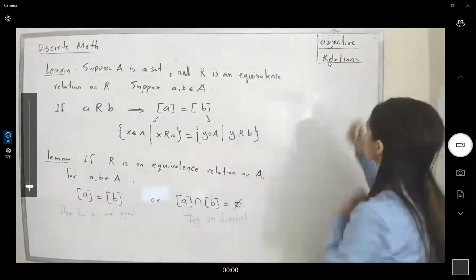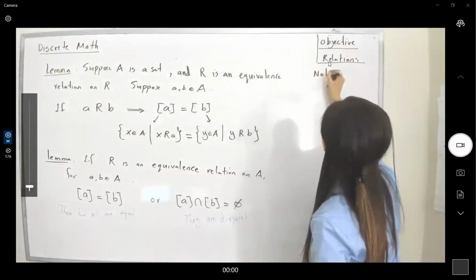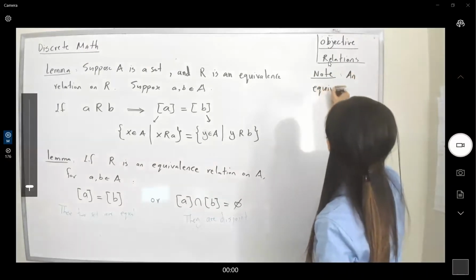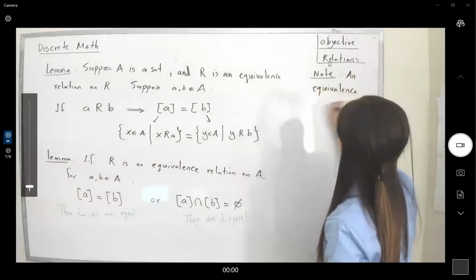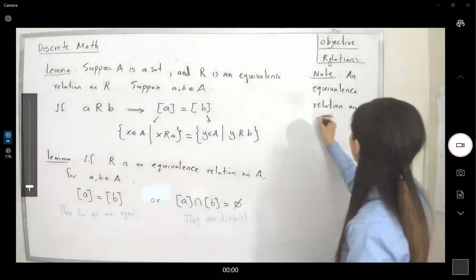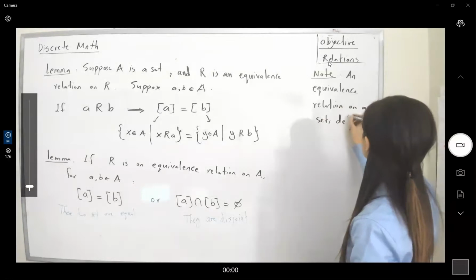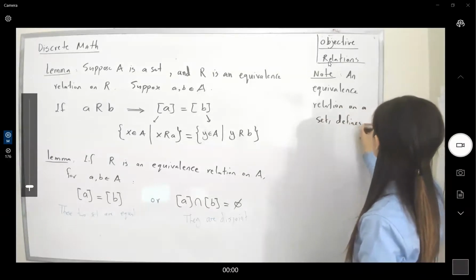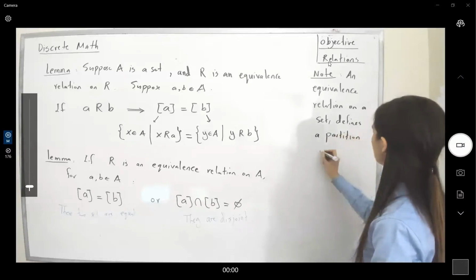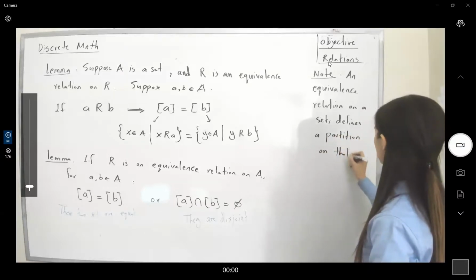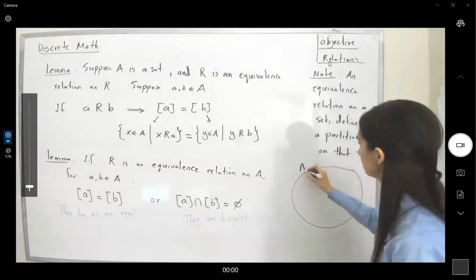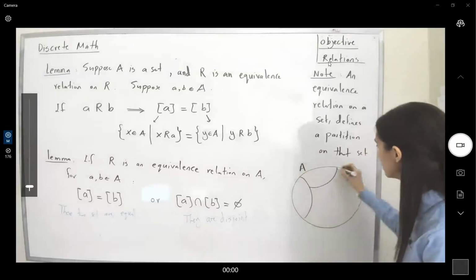So note that an equivalence relation on a set defines a partition on that set. It means that if you have set A, you can define partitions.